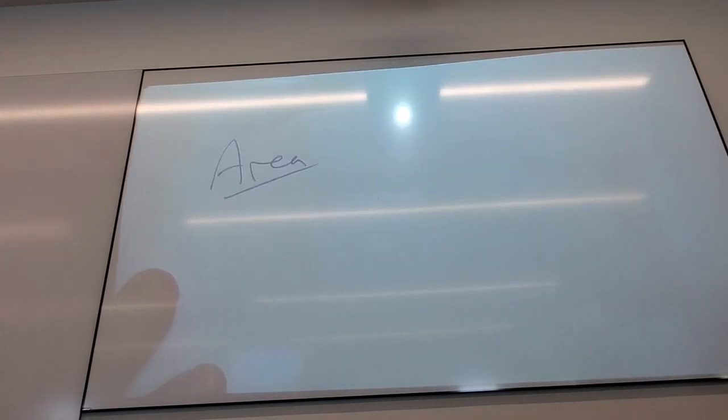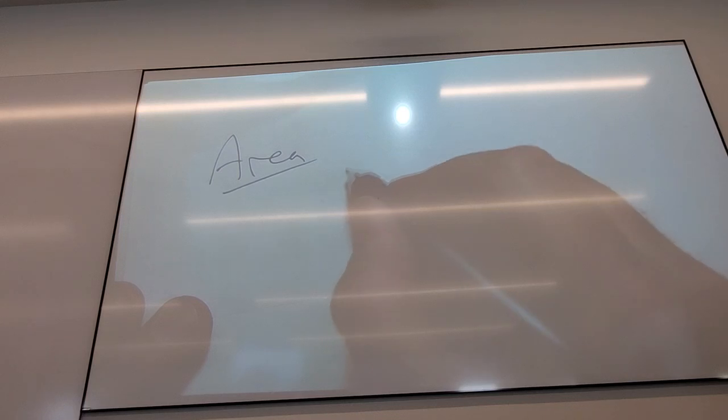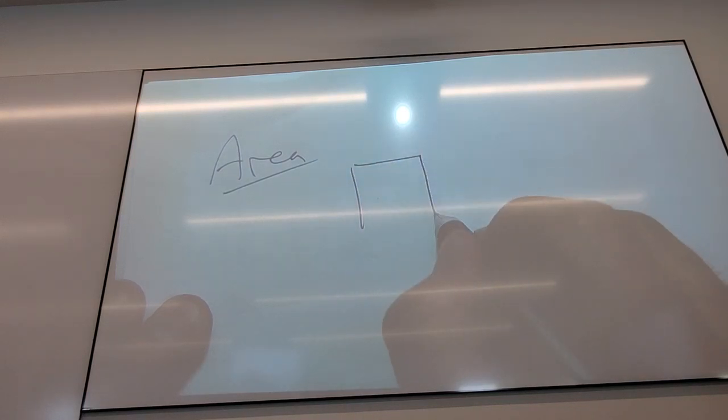So let me talk about our system of measurement for a little bit, and let's talk about area. Can everybody make a little square? We'll call it a square foot.